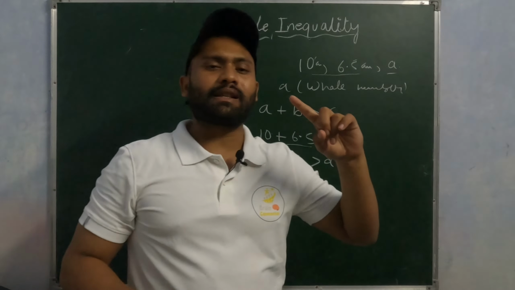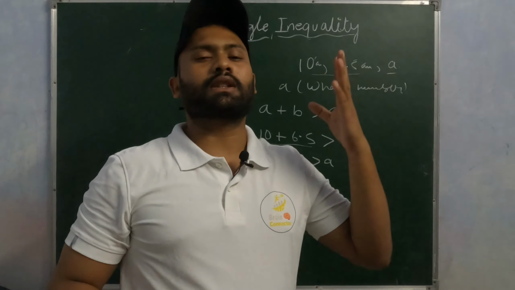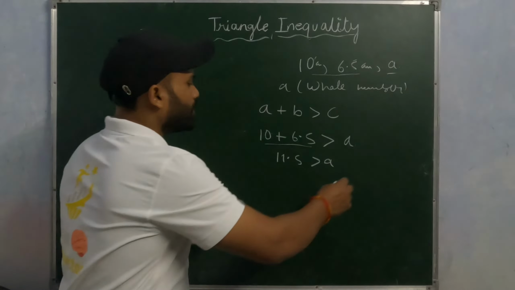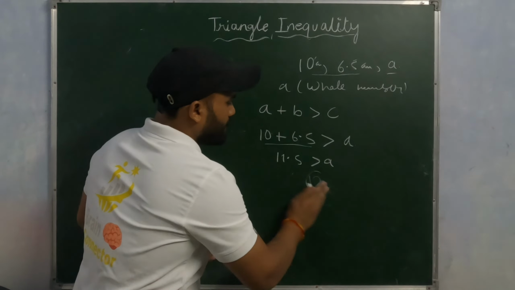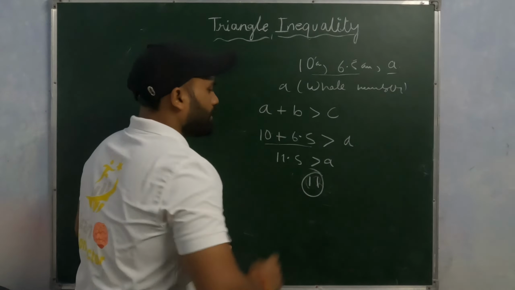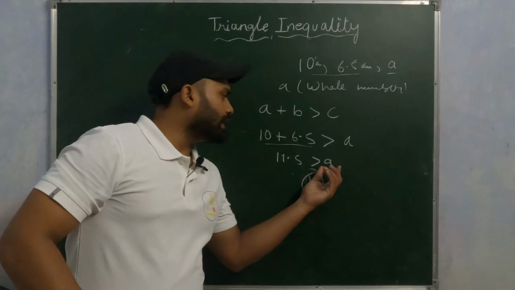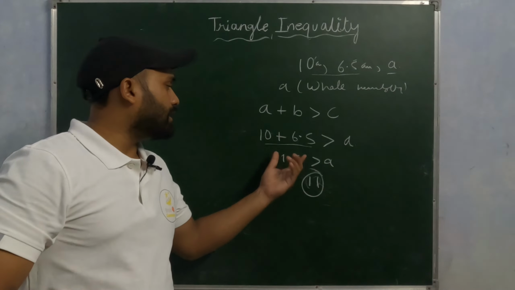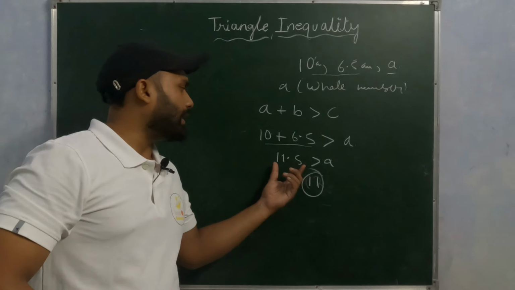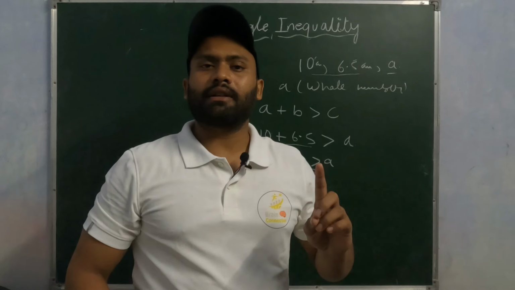So if the question is asking the maximum value of the third side, then it can be 12, it can be 11, because the value of A will always be less than 11.5, and the maximum value is 11.5, so the whole number will be 11.